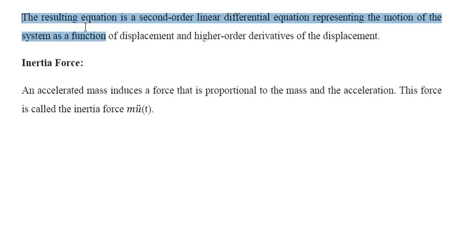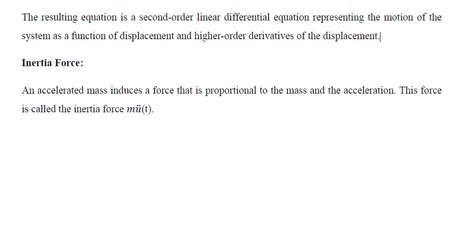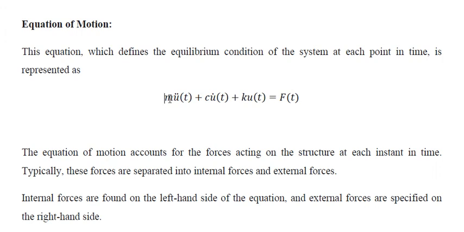The resultant equation is a second order linear differential equation representing the motion of the system as a function of displacement and higher order derivatives of the displacement. The equation mentioned here is what order, first order or second order?